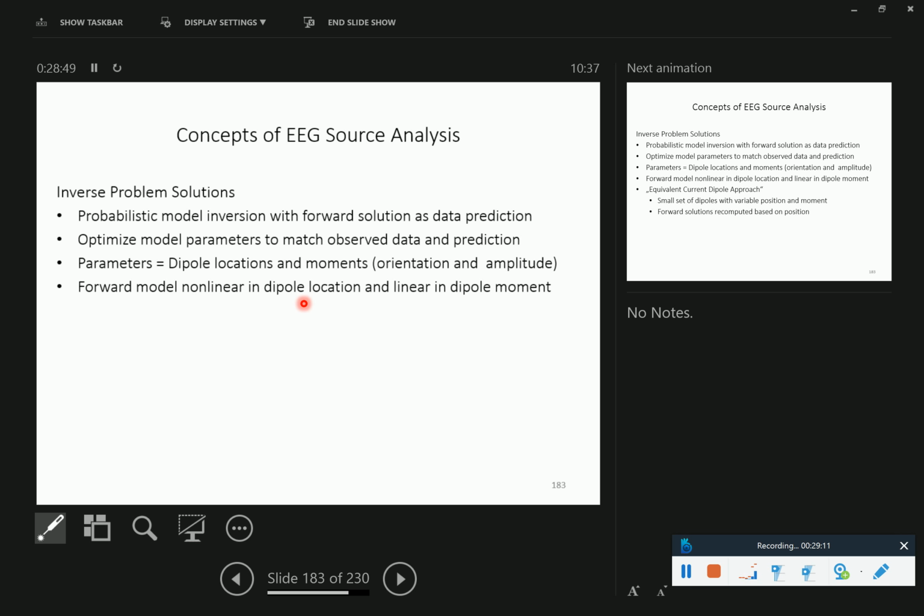And the problem of this whole thing is that we are not in the GLM world, but we are in the world of EEG source analysis, where the forward model is actually non-linear in the dipole location, but linear in the dipole moment. This means if you change the location of some source activity, what you get on the scalp depends non-linearly on where your source activity is.